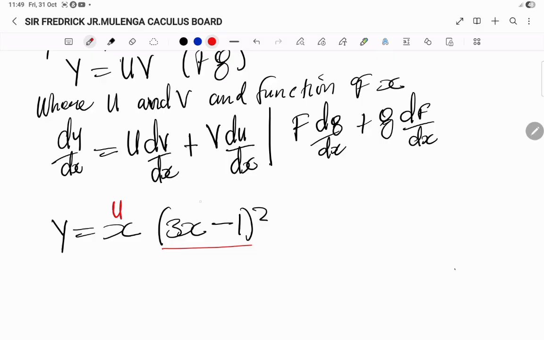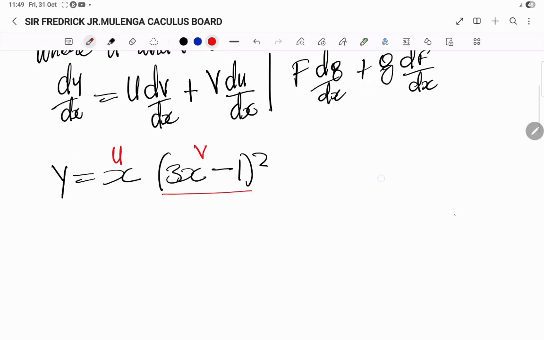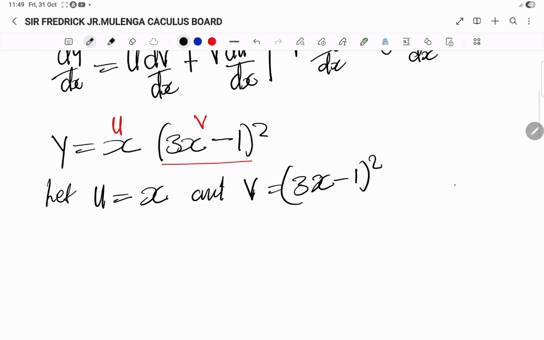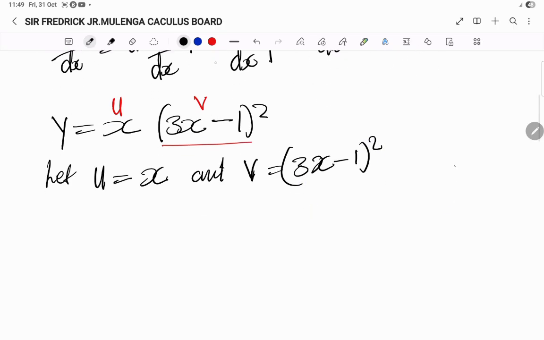Our u is that and our v is that. So we'll say let u be x and v be (3x minus 1) raised to the power 2. The next step is that you differentiate these. Because now we have two functions, you differentiate each one of them.